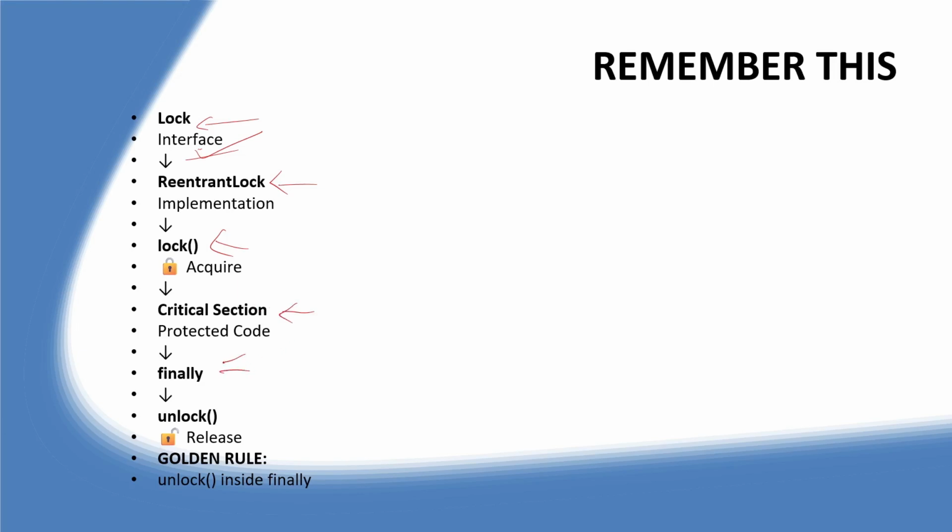In the finally block, we release the lock. And one golden rule we have seen: always release the lock inside the finally block. That is the most important point. That pattern helps prevent one of the most dangerous mistakes with explicit locking. So we should always do unlocking in the finally block.